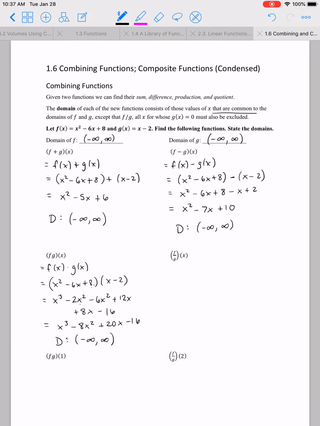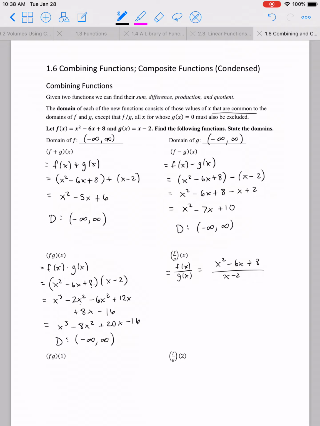So what we have to do is go ahead and just do this first. This is f of x divided by g of x, okay? And that's going to equal f of x, which is x squared minus 6x plus 8, over x minus 2.